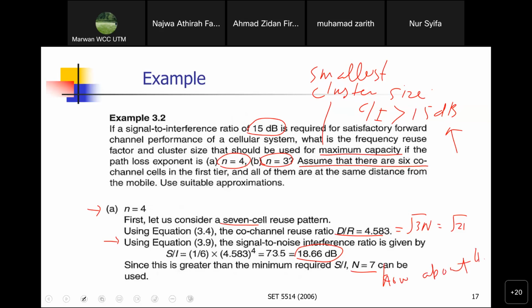You also need to check 4. So please do it also with cluster 4 and see what the C divided by I is. If with cluster 4 C divided by I is bigger than 15, it means you have to use cluster 4, because you want the maximum capacity. Otherwise this just shows that you can use cluster 7.